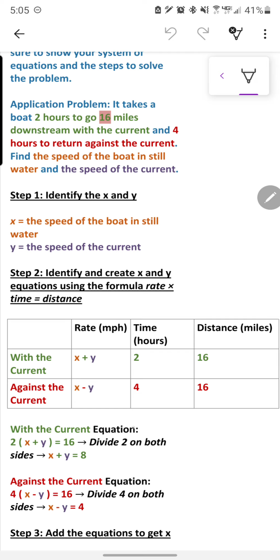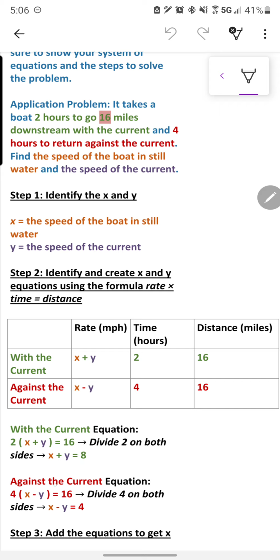Alright, so now let's move down to here and start with the with the current equation. It is going to be 2 times x plus y equals 16. Our goal is to get the x and y by themselves, so we're going to divide 2 on both sides to get x plus y equals 8.